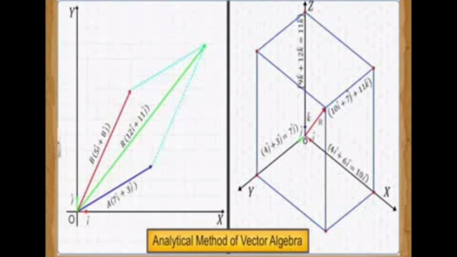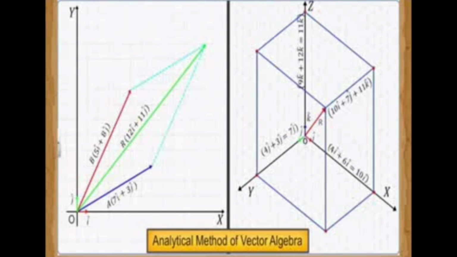So first, in two dimensions, the x, y, z axes are there, that is called the Cartesian coordinate axes. On the x-axis you indicate the direction by i, on the y-axis it is j, and on the z-axis the direction of the vector is k.